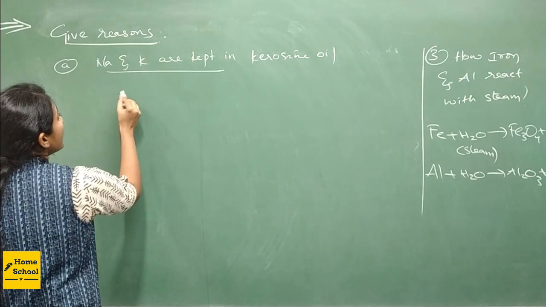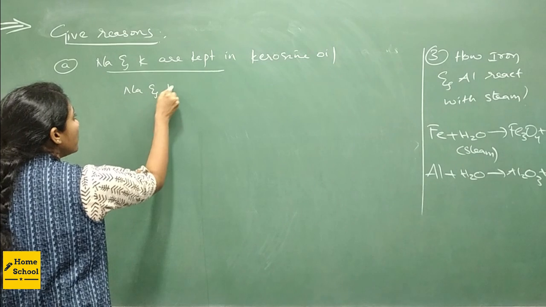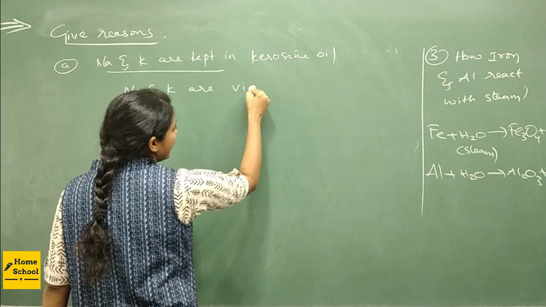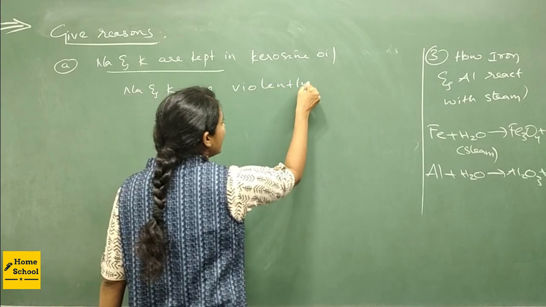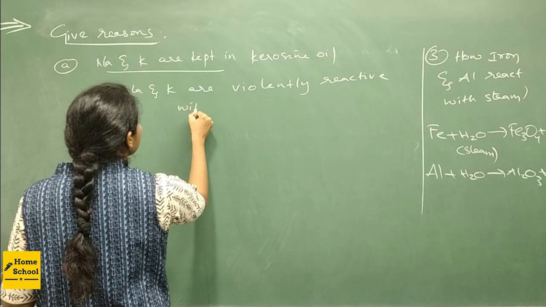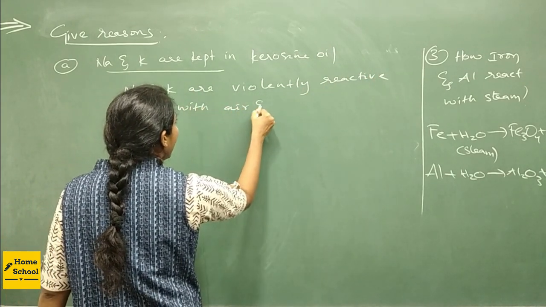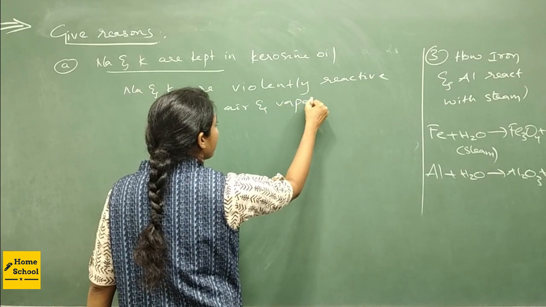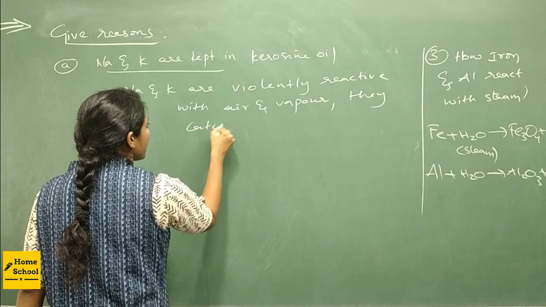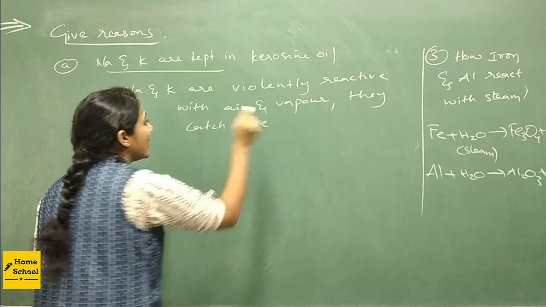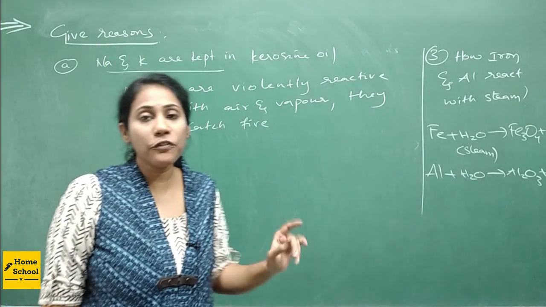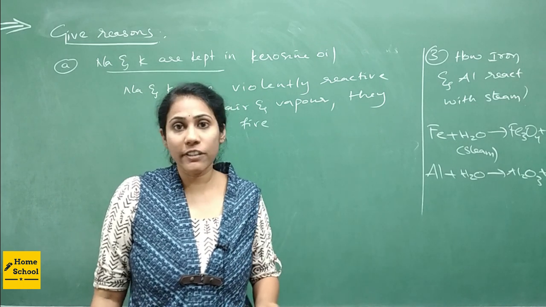The answer is that sodium and potassium are violently reactive with air and vapor, they catch fire. That is the reason they are kept in kerosene oil. This is one of the very, very famous give reason questions.